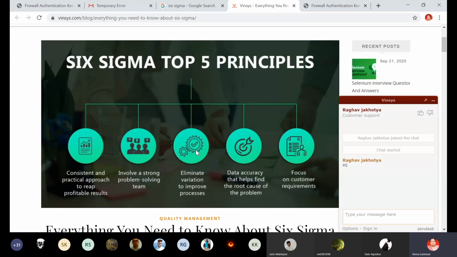Suppose the customer wants the project to complete within 1 year or within 2 years, you have to document it somewhere. So regarding the timeline, the cost, the resources, everything we will mention in our PRD document. After that, we have the SRS document.